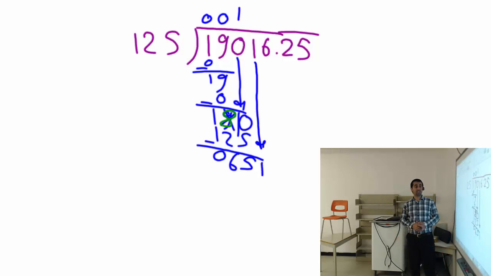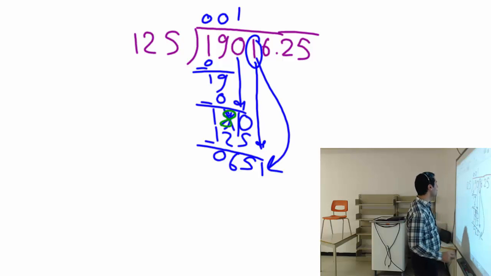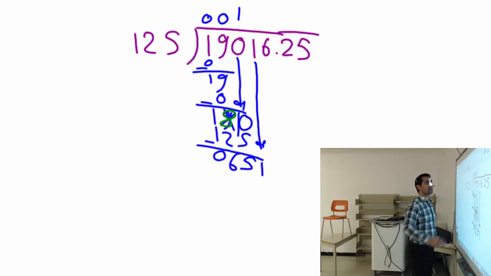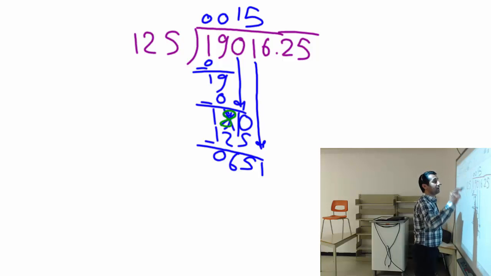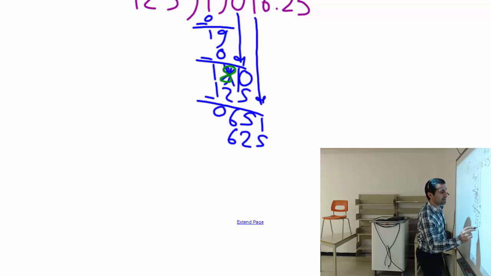All right. In 651, how many 125s do I have? 5 of them will be 625. So I have 5 of them. On top of 1, because that's the number I just brought down, I'm going to write down 5. 5 times 125 will be 625.